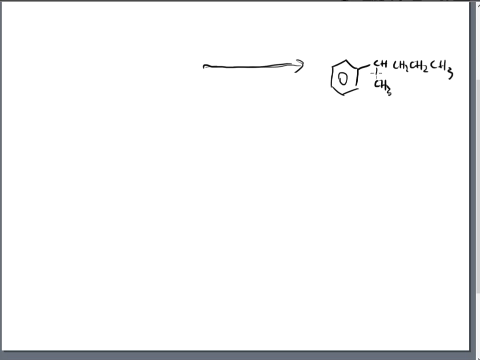Well, this is going to be pretty easy because I know that if I use benzene and react this, well, maybe I could simply use this CH3, CH2, CH2, CH3.